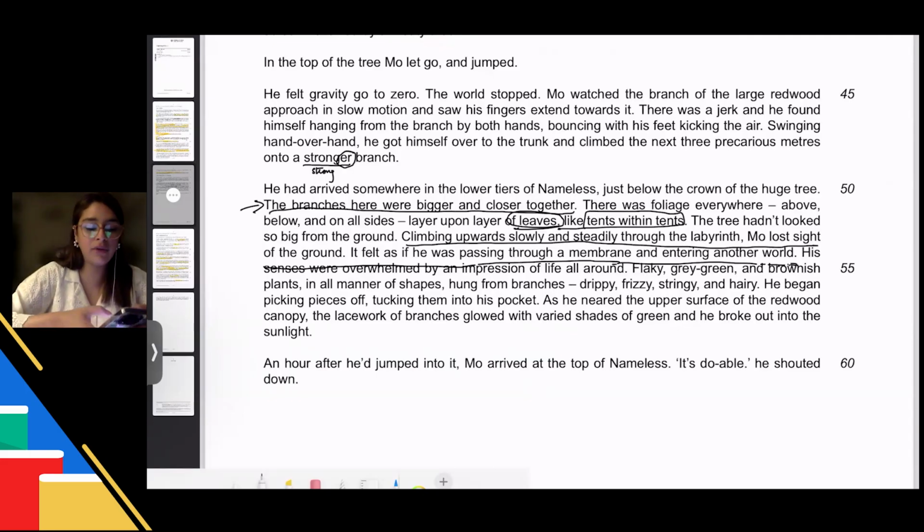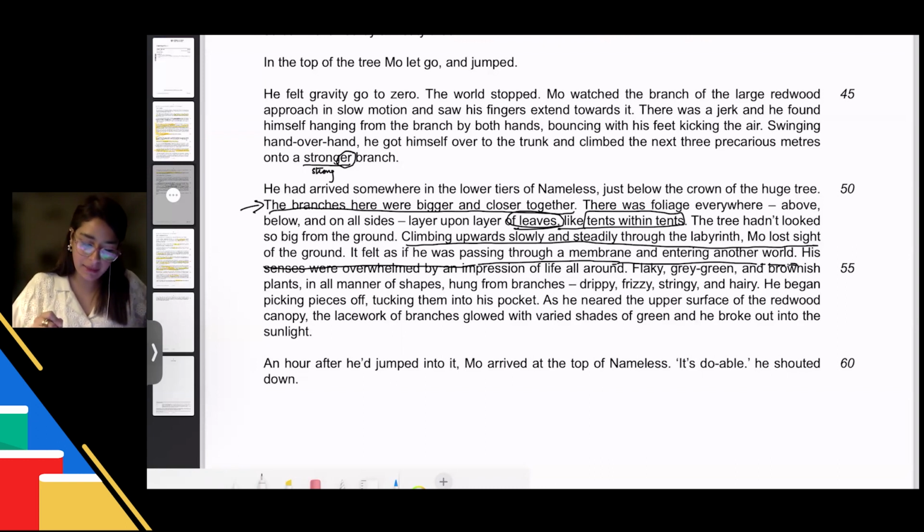I will see how this word generally describes the entire tree at this point within the text. And since it's talking about something that he is going through, the tree hadn't looked so big from the ground. So he's trying to highlight something that looks very different now that he's seeing it up close. And then it says, climbing upward slowly and steadily through the labyrinth, he lost sight of the ground.